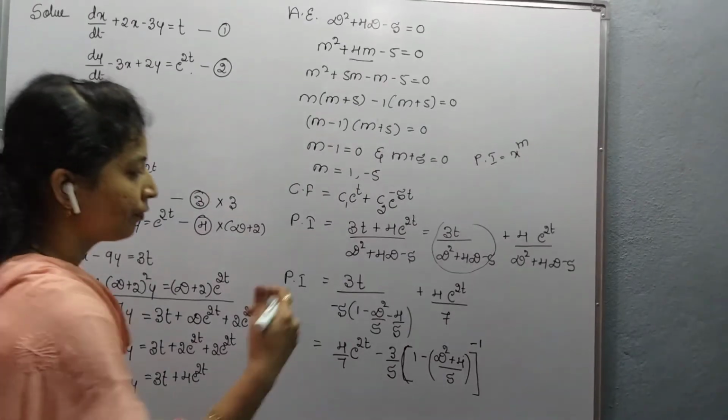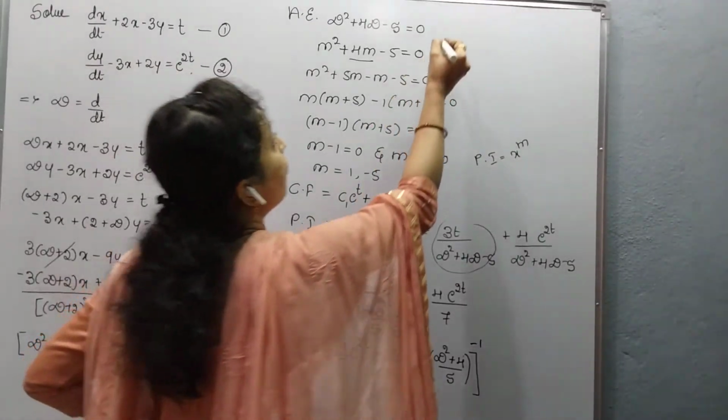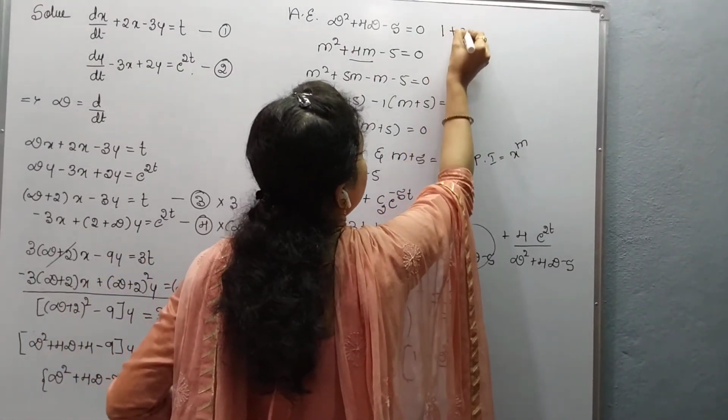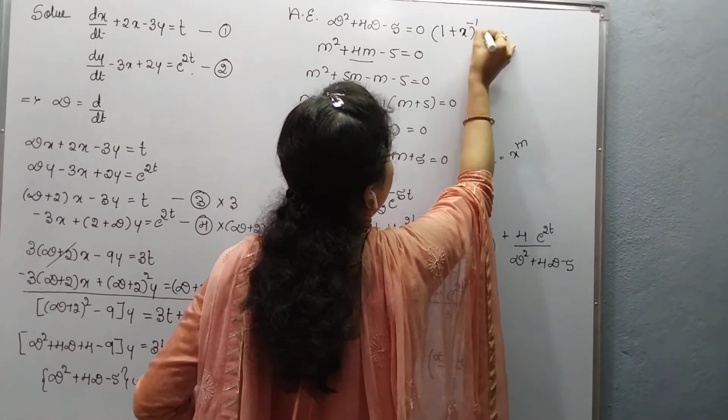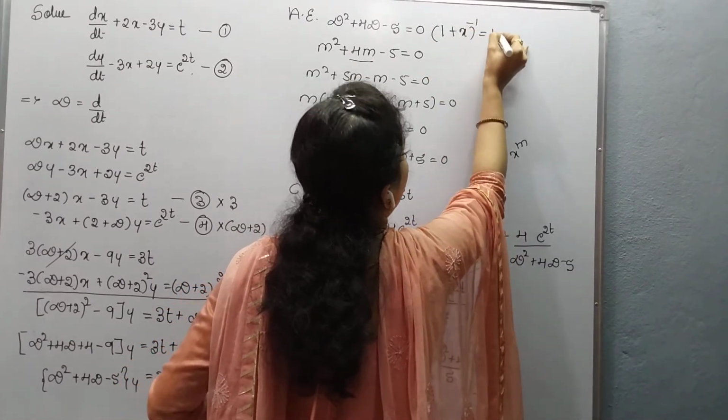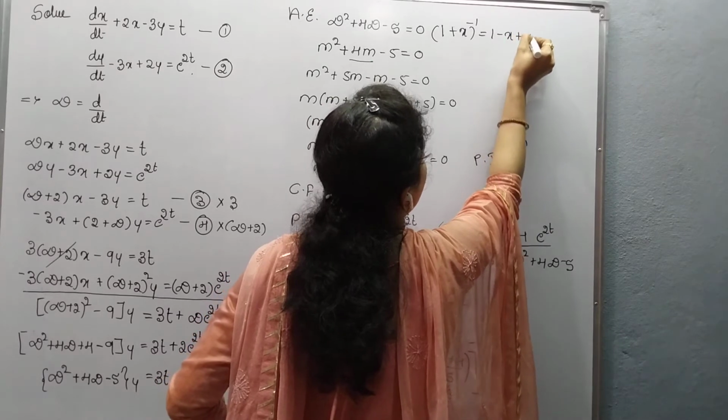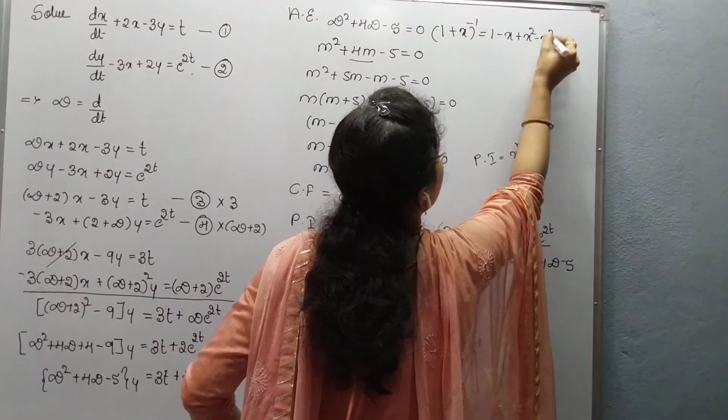Then this is of the form of the binomial expression (1 plus x) to the power minus 1, which can be expanded as 1 minus x plus x square minus x cube and so on.